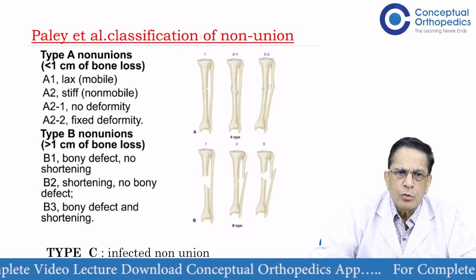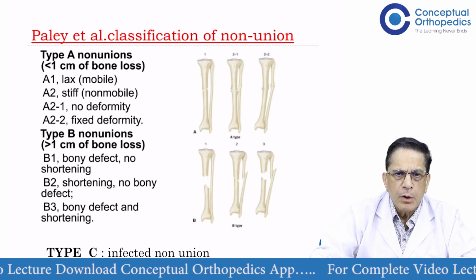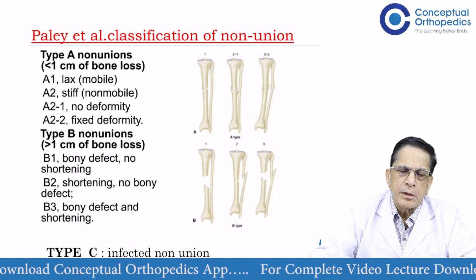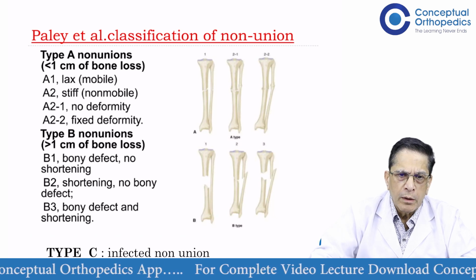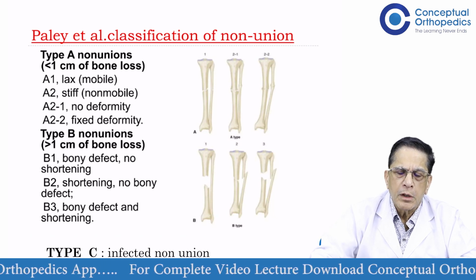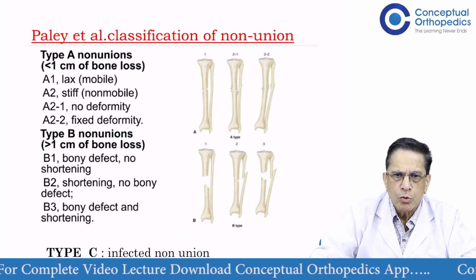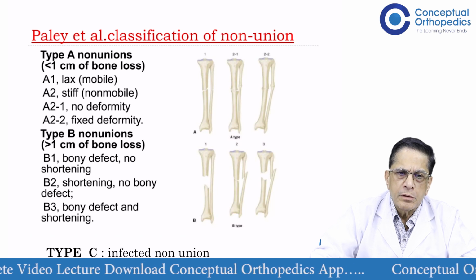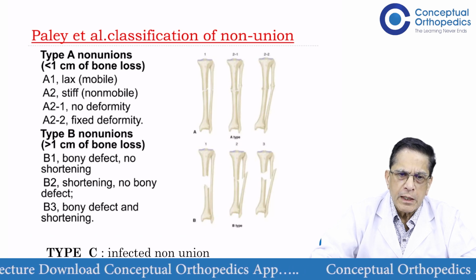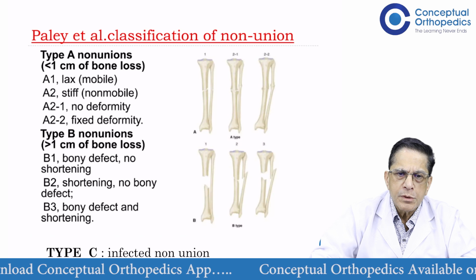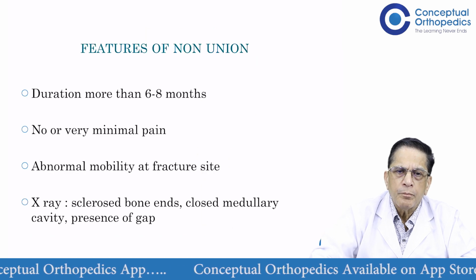Type B non-unions have more than 1 centimeter of bone loss, and are divided again into B1 where there is a bony defect but no shortening, B2 where there is shortening but no bony defect, and B3 where there is both bony defect as well as shortening, and type C is infected non-union.